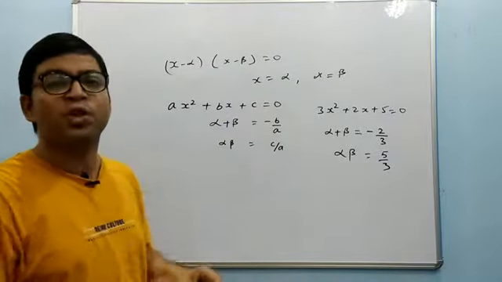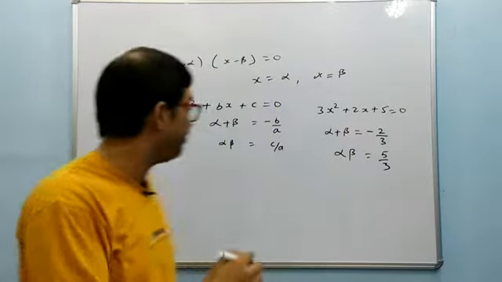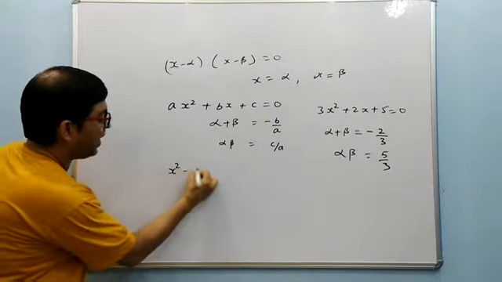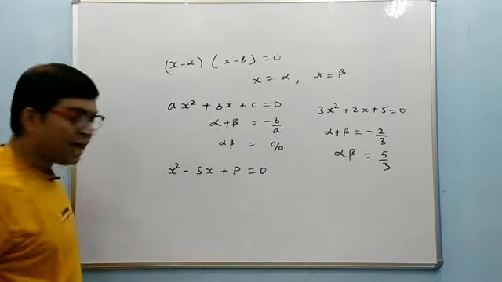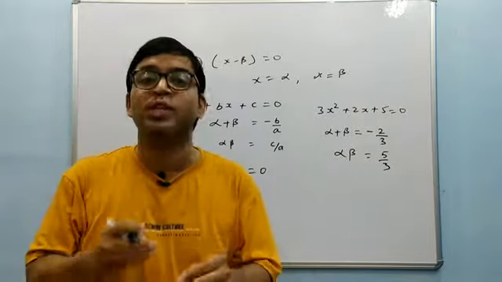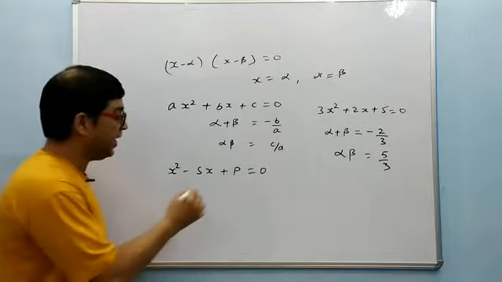Now, if the sum of the roots and the product of the roots is known, how to form the quadratic equation? It is in the form x square minus sx plus p is equal to 0. That means if the sum of the roots and the product of the roots is known, we can form the equation very easily.